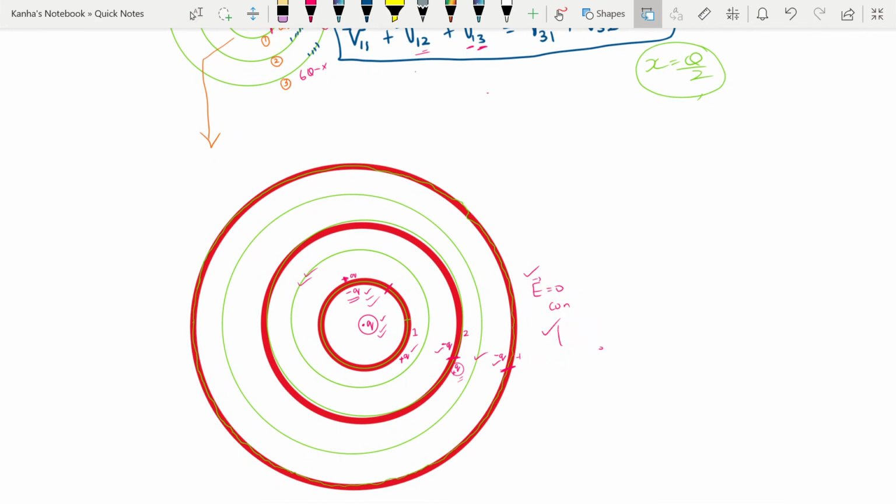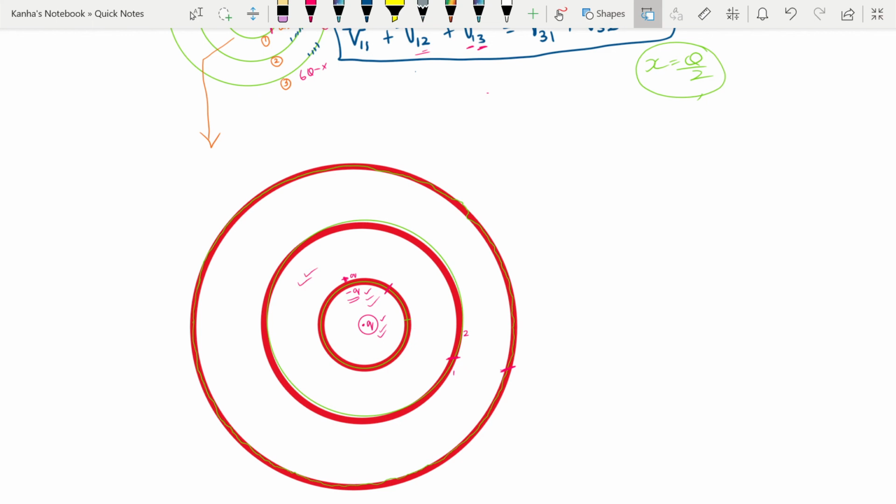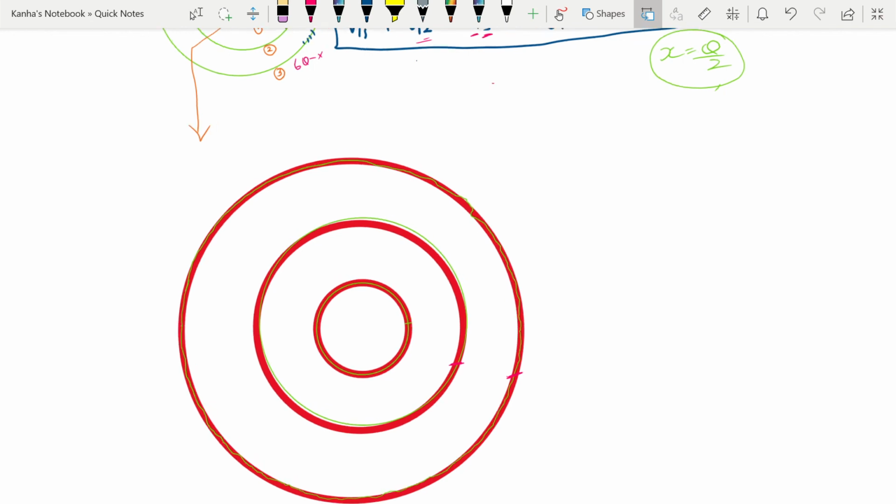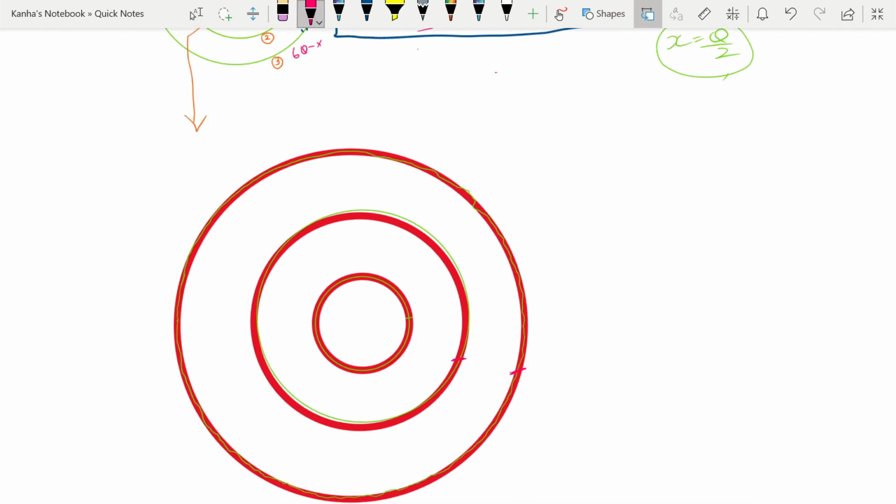So what does our question say? Our question says that the inner surface is having a charge of plus x. That is essential information. So we use the above to find that there is an x charge on the outer surface of 1.